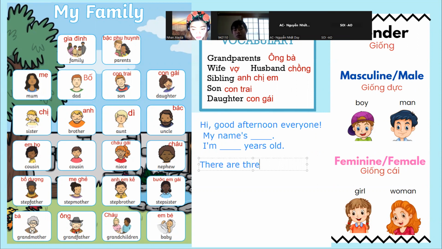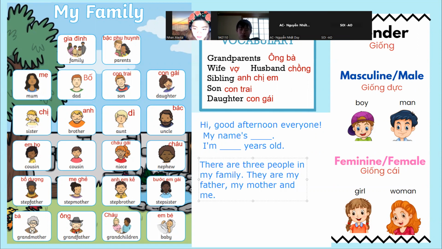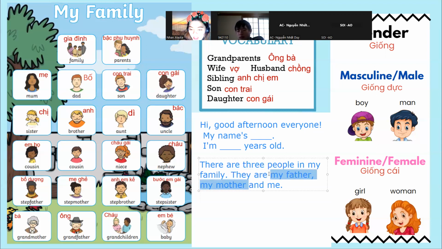Or you could say members or people. They are my father, my mother, and me. Or you could say they are my parents and me, because parents includes mom and dad. So there are 3 people in my family. They are my parents and me.